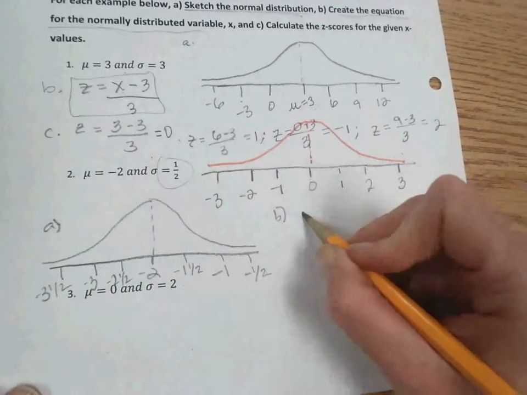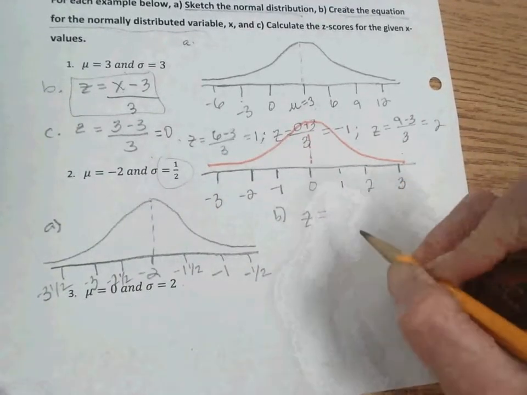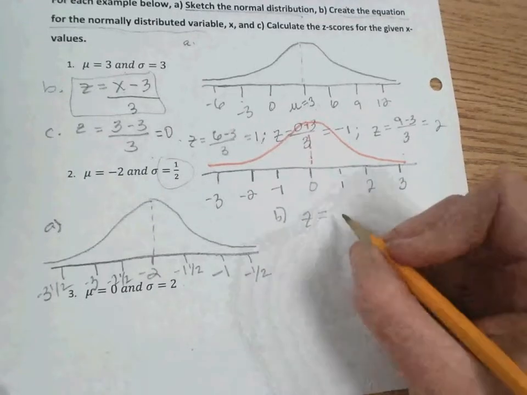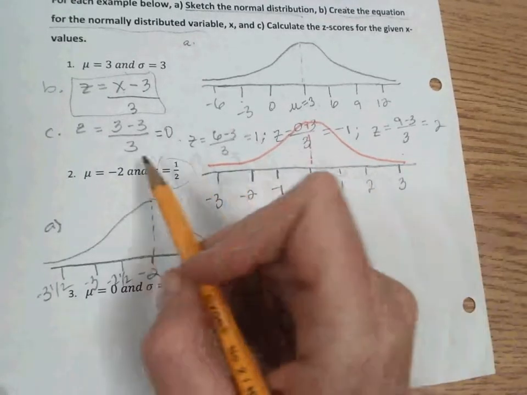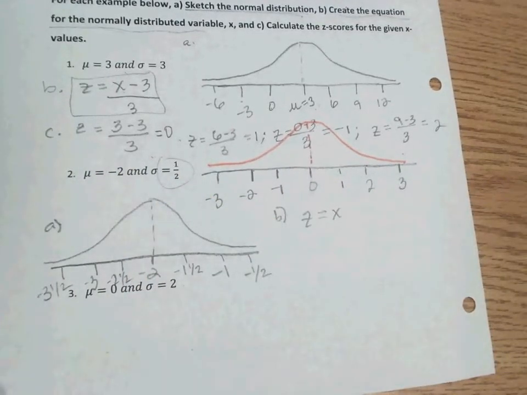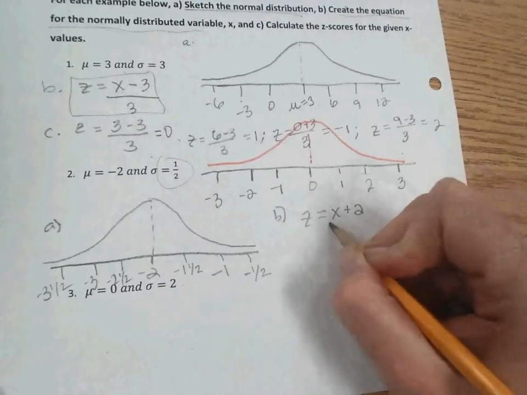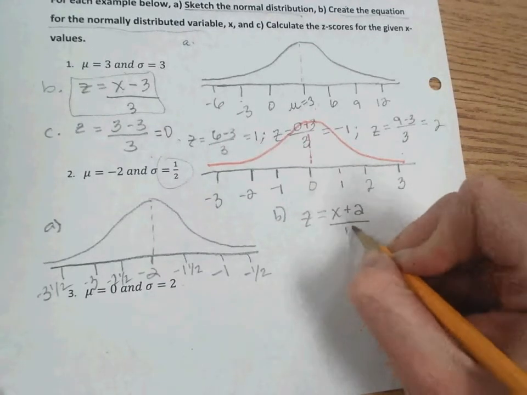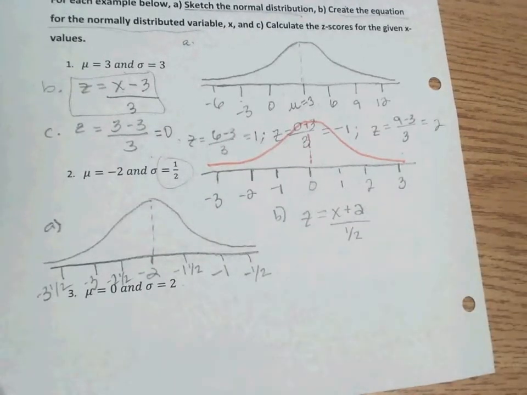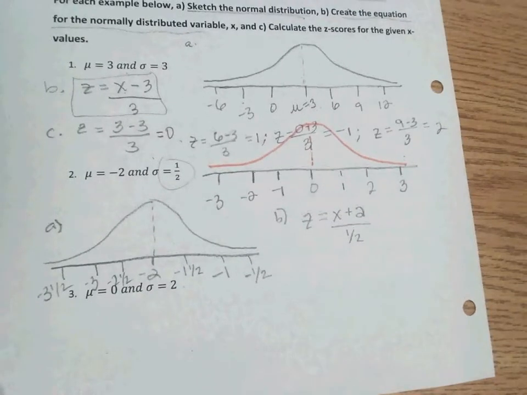So that's part A. Part B is when we write the equation. Z equals. It starts off z equals x minus. But sometimes when we have a negative value like we do here for mu, we'll have x minus -2, which then would be written as plus. So it'll be x plus 2 divided by 1/2.